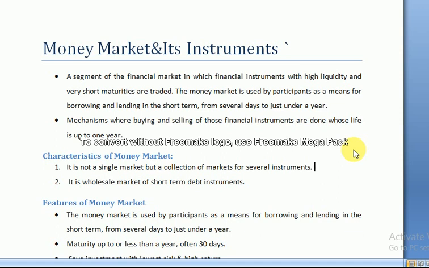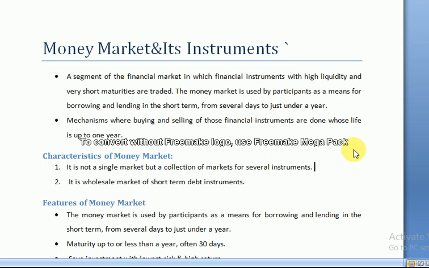As their liquidity is high and they have very short maturity, when these instruments are traded in such a market, that market is called the money market. The money market is used by participants as a means for borrowing and lending in the short term, from several days up to 1 year.